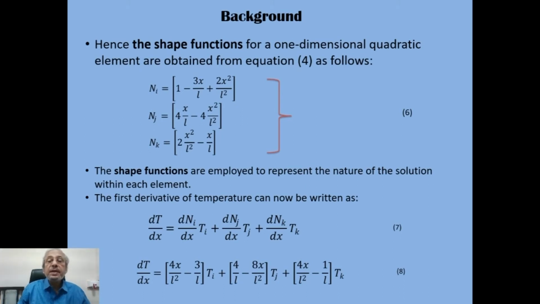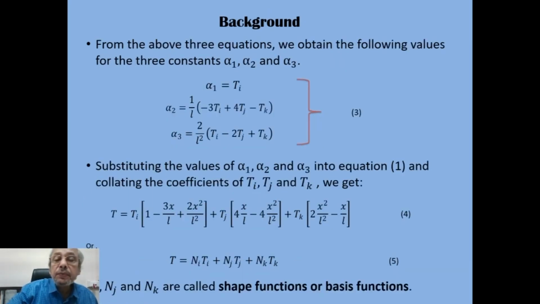Hence, shape functions of a one-dimensional quadratic element are finally obtained as Ni is 1 minus 3x by L plus twice x square by L square. If we go back to equation 4, we can see this is Ni.